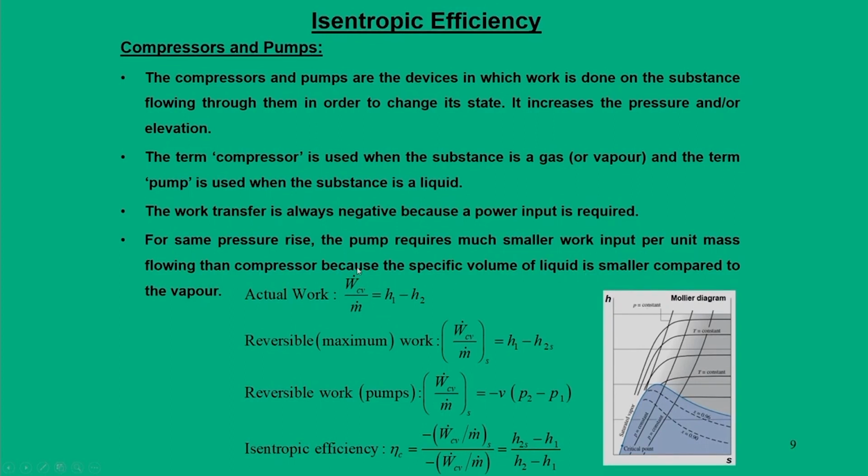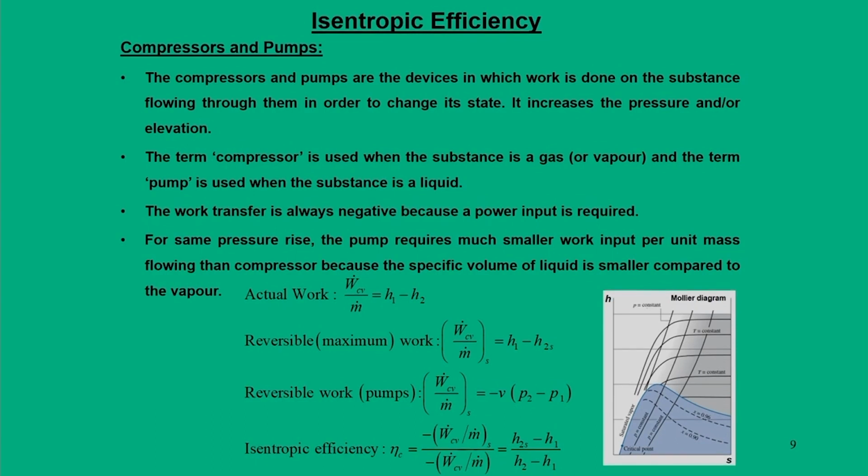Because of this reason, when you deal with a steam power plant, pump work is assumed to be very small compared to turbine work. When you deal with gas turbine plants, the compressor work and the turbine work are at par. It cannot be neglected. In that sense we say that the turbine always drives the compressor.